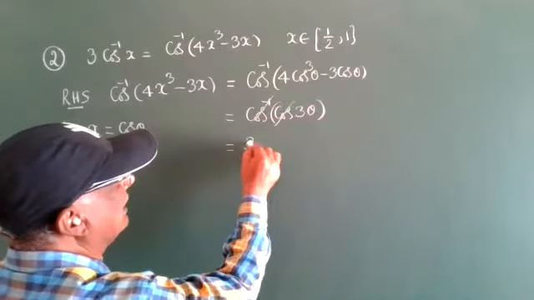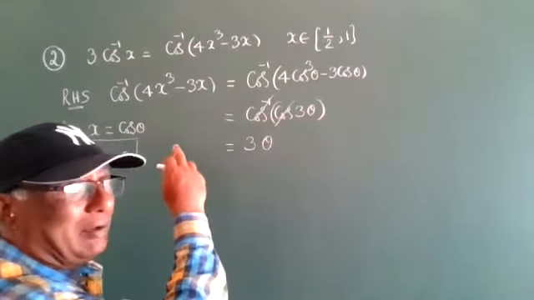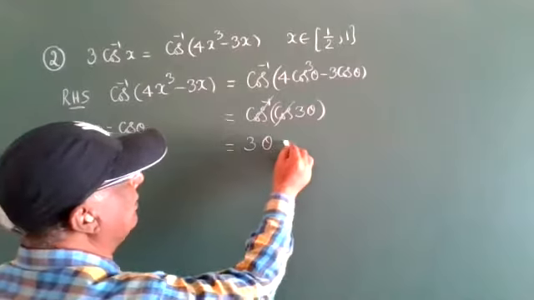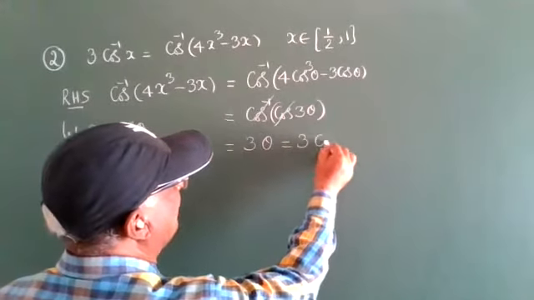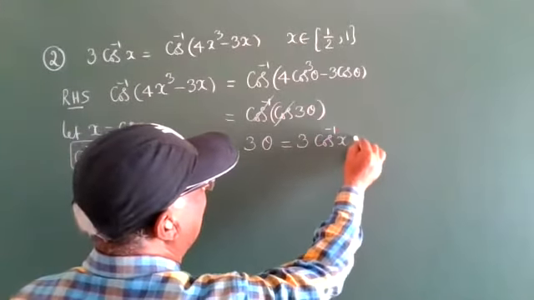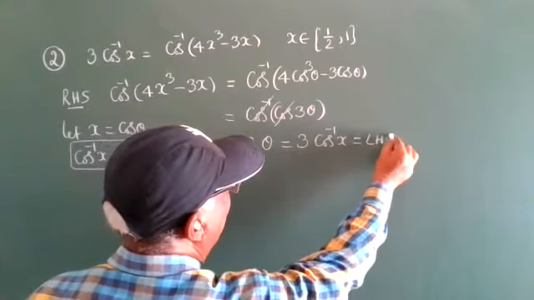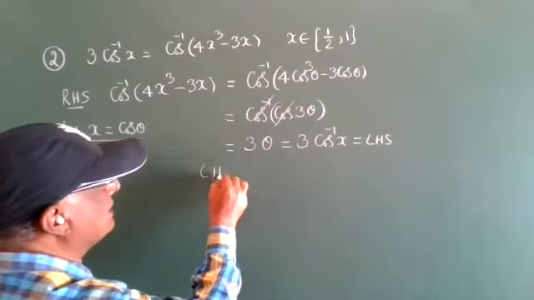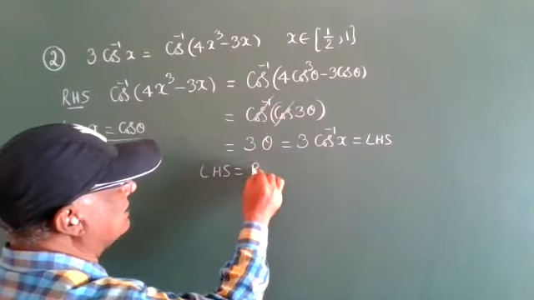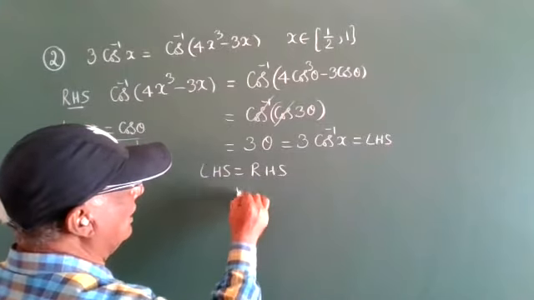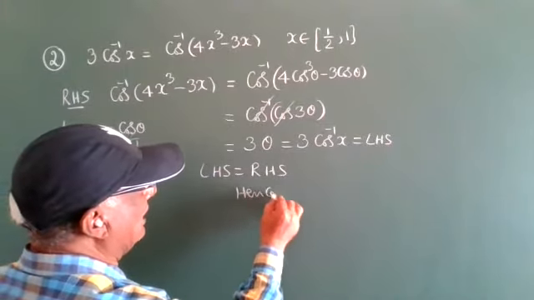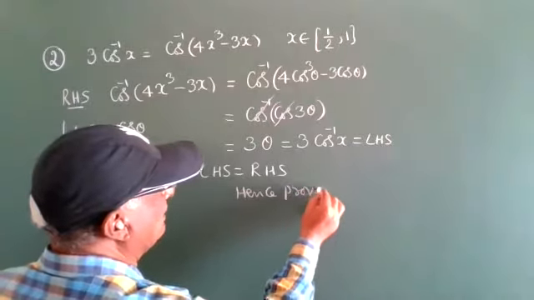Then 3 theta. What is the theta value? Theta is the cos inverse of x. That is the LHS. So now write down LHS is equal to RHS, hence proved.